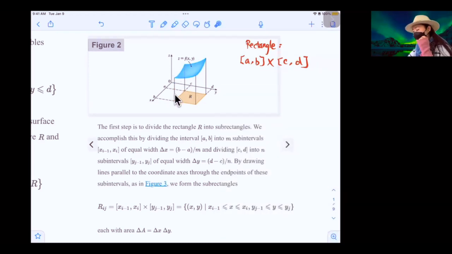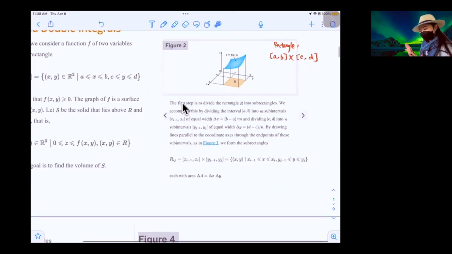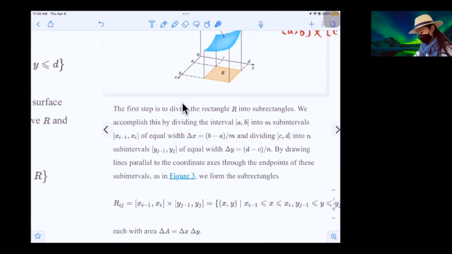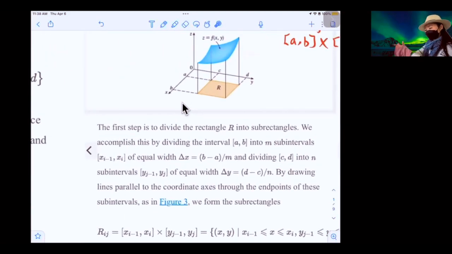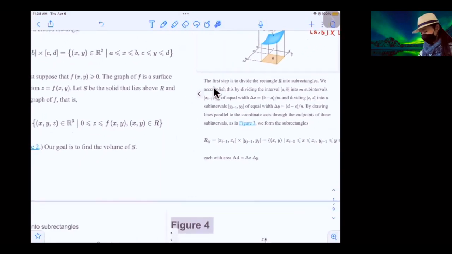So how do we do that? To do this, we're just going to use a Riemann sum again. In the past, we divided the interval into n subintervals. Now this time we're going to divide this rectangle into subrectangles. How do we divide that? Let's look at this picture.